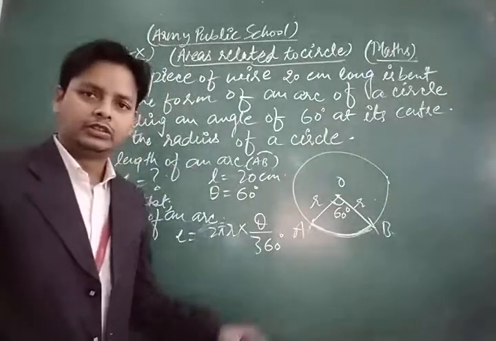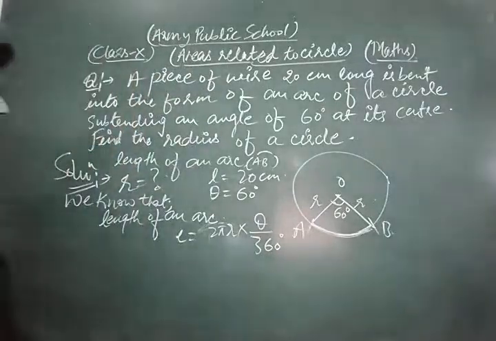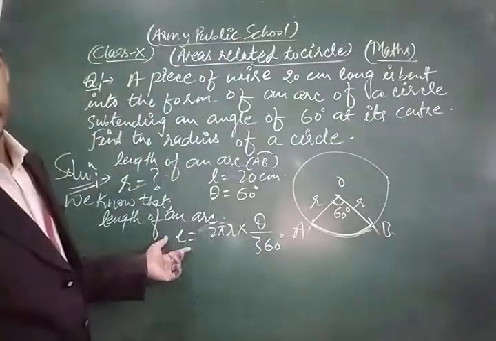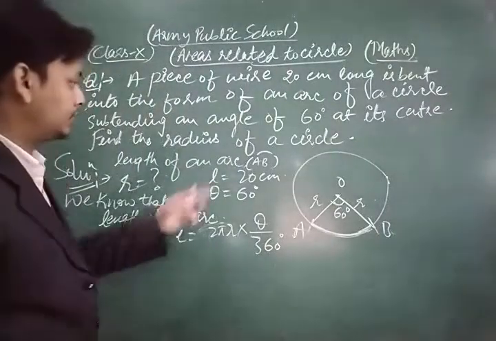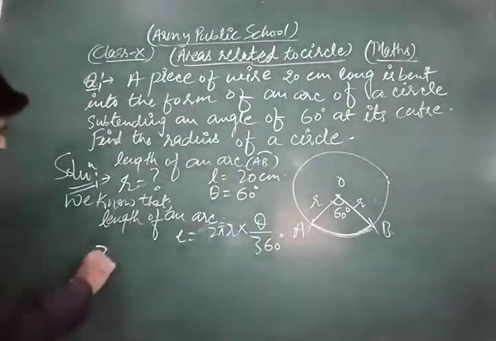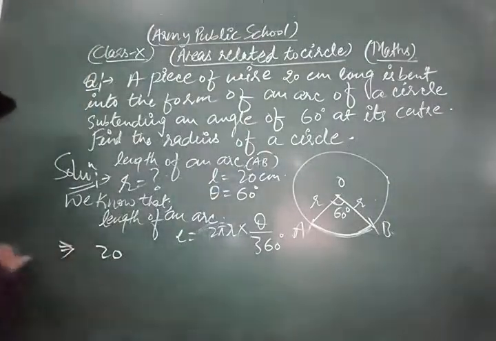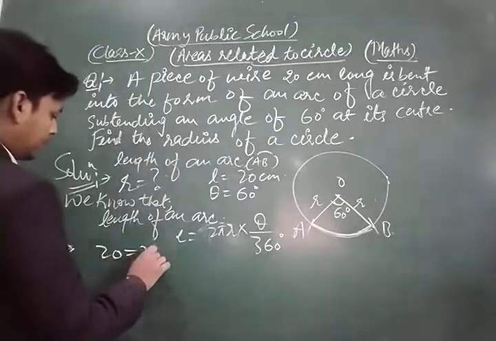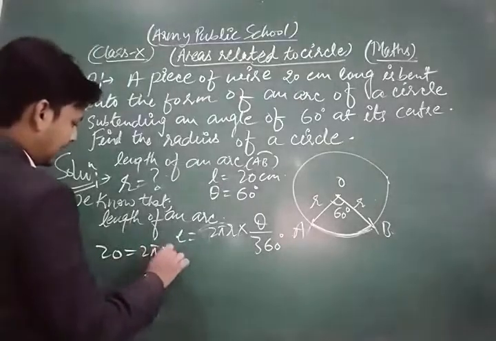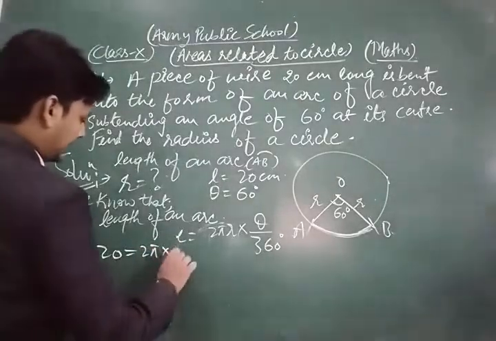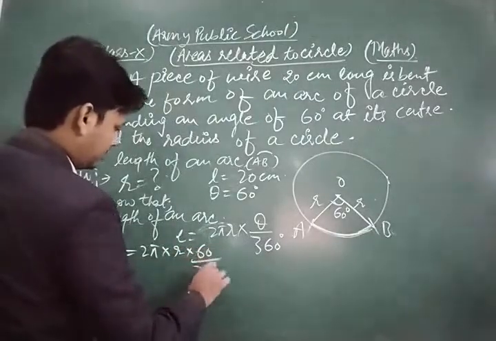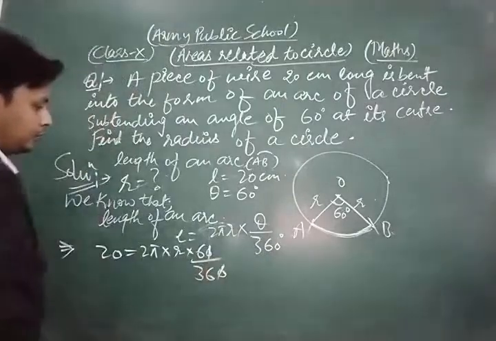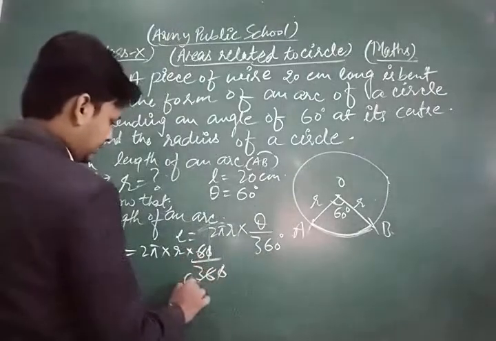Now the value of L given in our question is 20. So here we put 20 is equal to 2 pi r into theta, which is 60 upon 360. The zeros cancel each other, 6 and 6 is 36.